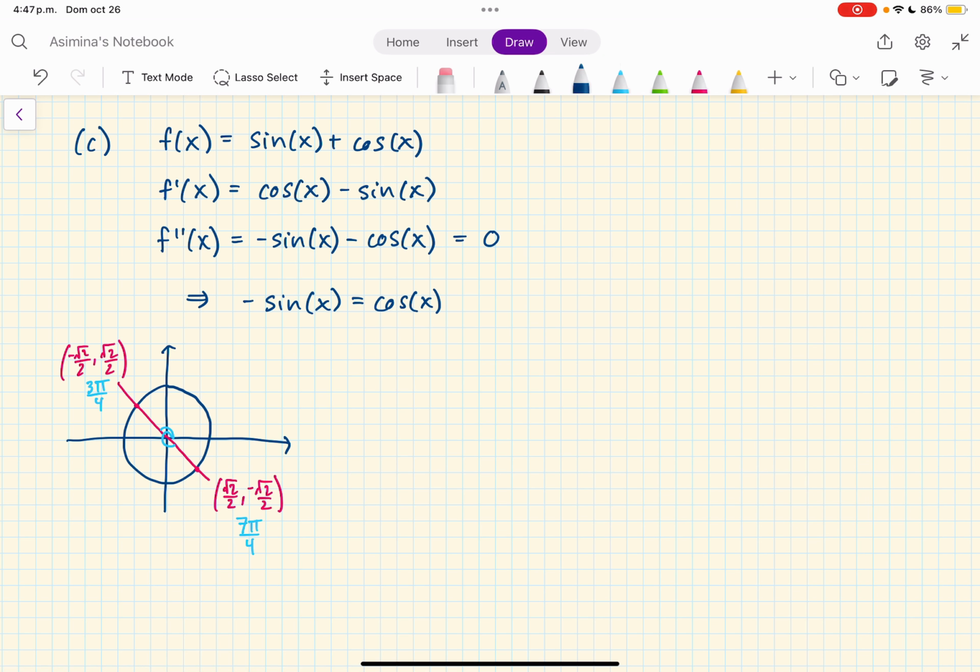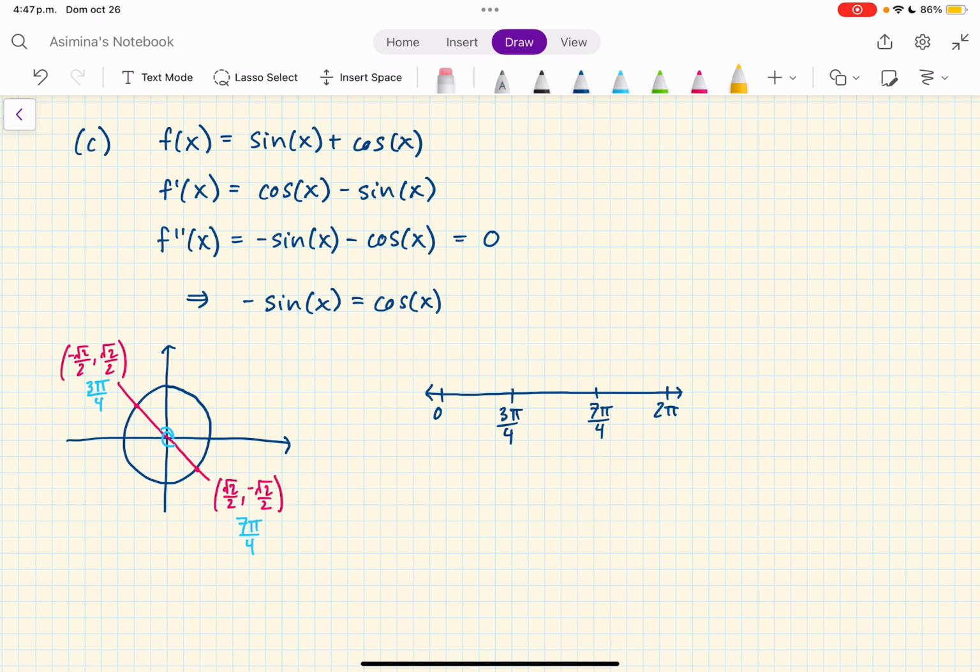Great, so we found the important values and we can plot them now. So again, remember that x ranges from 0 to 2 pi, so I'll just put 0 and 2 pi here, and then I'll plot 3 pi over 4, and then 7 pi over 4.